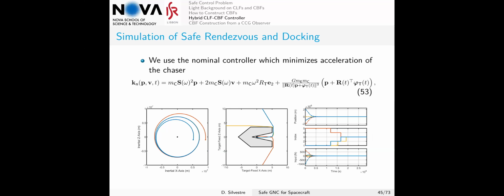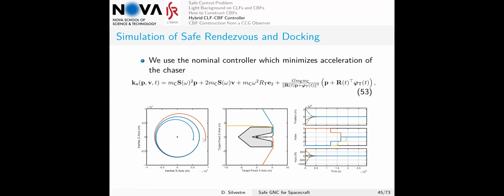On the left-hand side, you have the orbit. On the right-hand side, you'll see the relative positioning between the target and the chaser. You will see the chaser appearing from above, and then doing the docking, just using that controller that I was describing. And some extra info: we went to the literature and used this nominal controller, just because it would be a nice fit to use something that already minimizes acceleration.